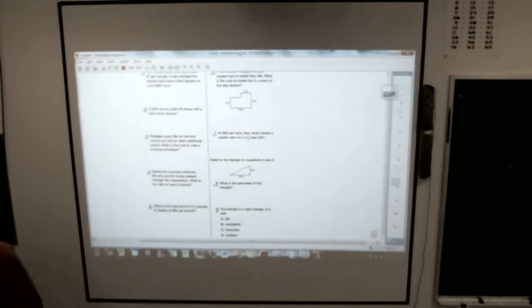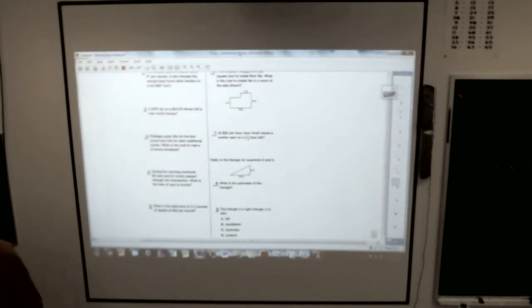Number 8 is 30 feet. 9 is D. 10 is 6 units squared, or 6 square units. 11 as a decimal is 0.4, and as a fraction is 2/5. 12 is 0.8 repeater 3. I wouldn't think you'd miss that one because I think that's on your reference sheet, is it not?